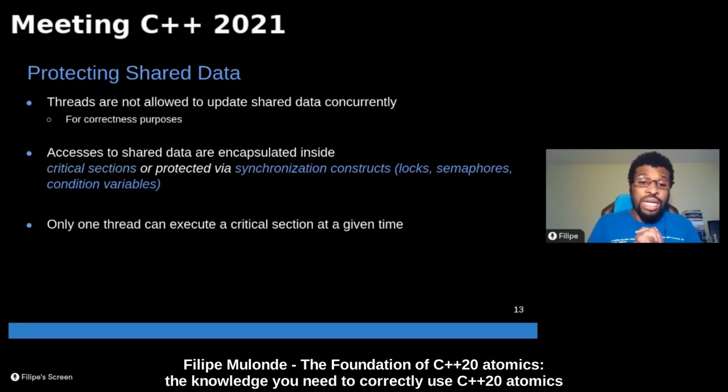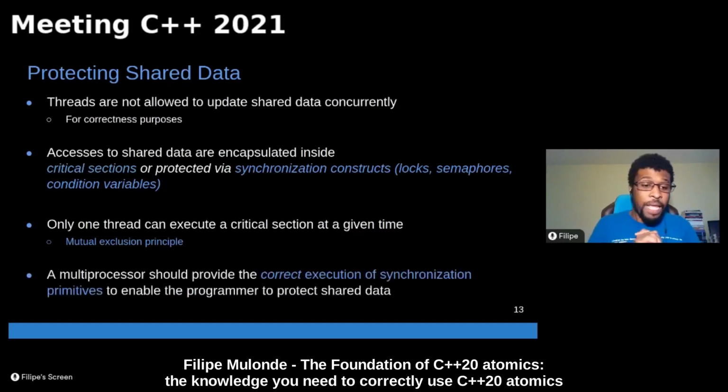Only one thread can execute a critical section at a given time. This is the mutual exclusion principle. And a multiprocessor should provide the correct execution of synchronization primitives to enable the programmer to protect shared data. So here I just illustrate why it is important to protect shared data.